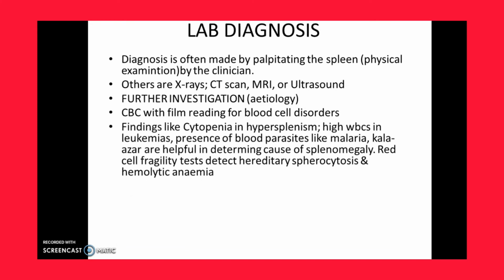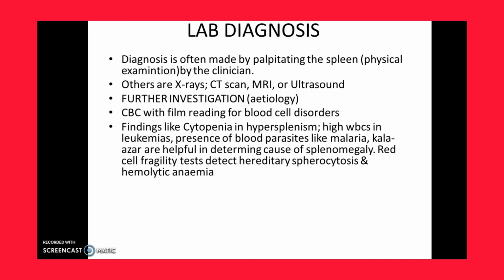The film reading really tells much about what is happening. You could make findings like cytopenia in hypersplenism, high WBC counts in leukemia, presence of blood parasites, malaria especially. You will see the trophozoites and even the gametocytes in the peripheral blood.